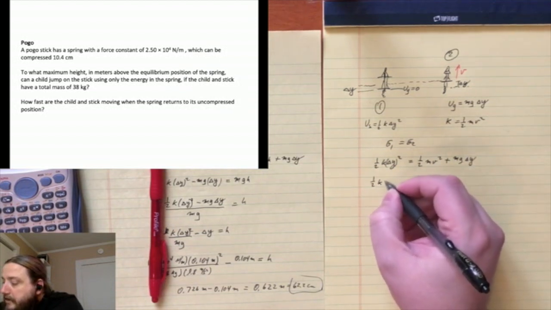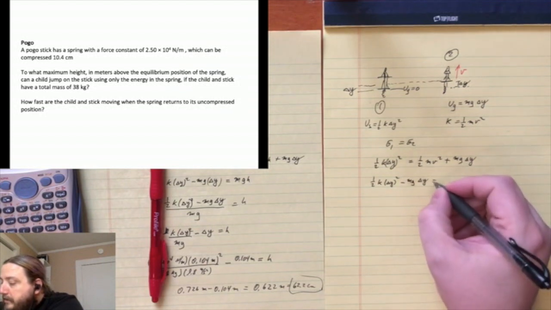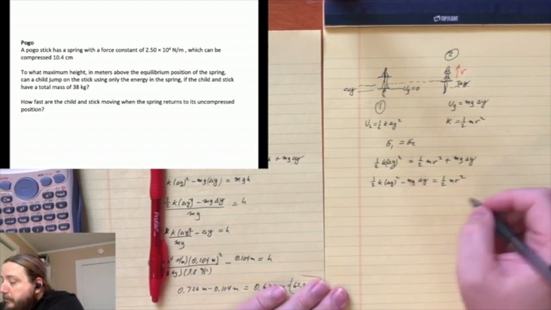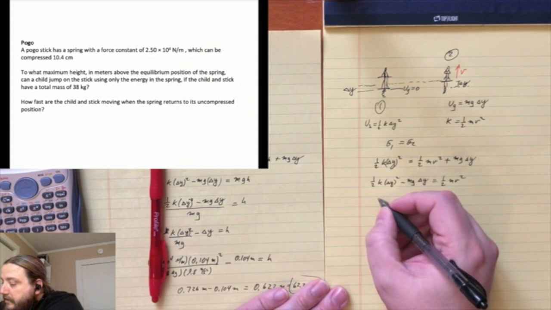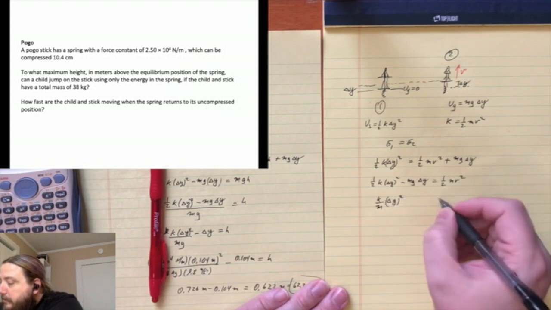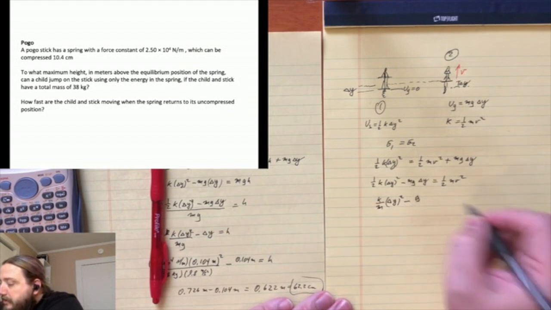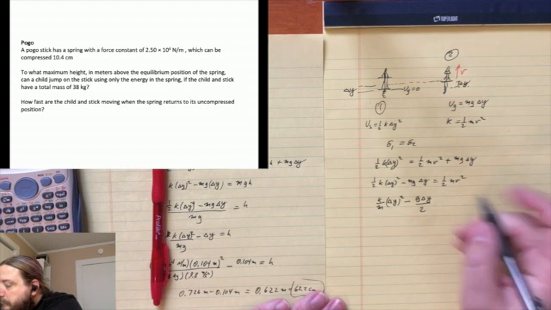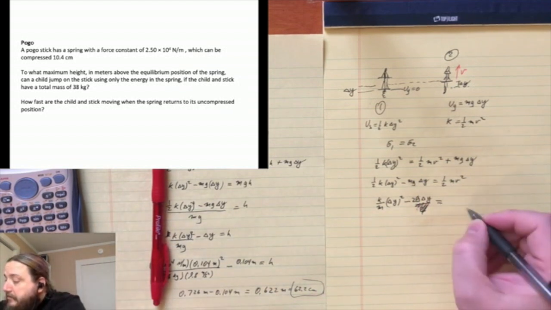So 1/2 k delta y squared minus mg delta y is 1/2 mv squared, and we're solving for speed, so we can multiply or divide by 1/2 m on both sides, so that's going to give us k over m delta y squared minus 2g delta y, so multiply by 2, divide by m, is v squared.